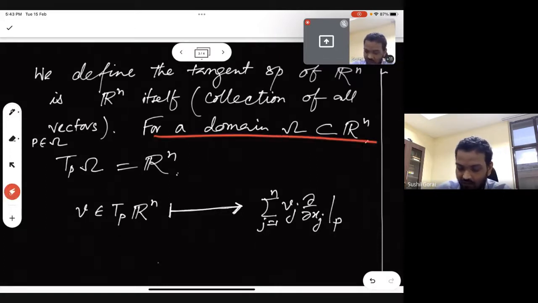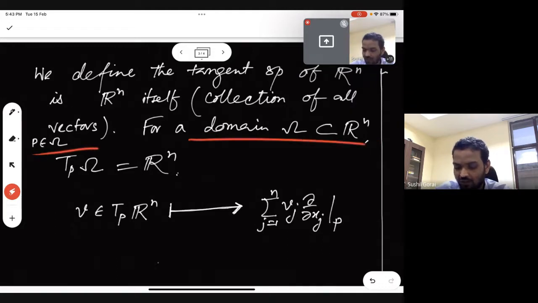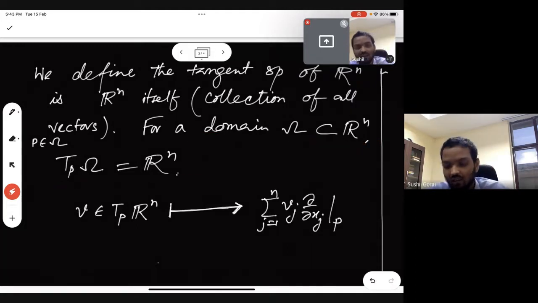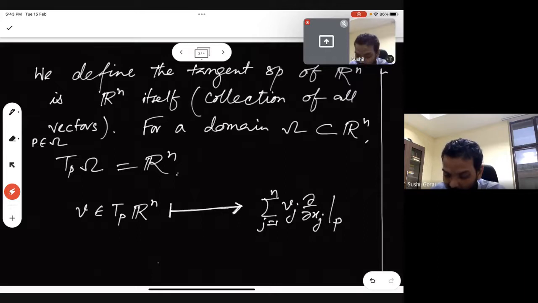This line is kind of redundant actually. Omega is any open set you take, and it will have these things. But the point is that you do not need the whole of R^n to define the tangent space.